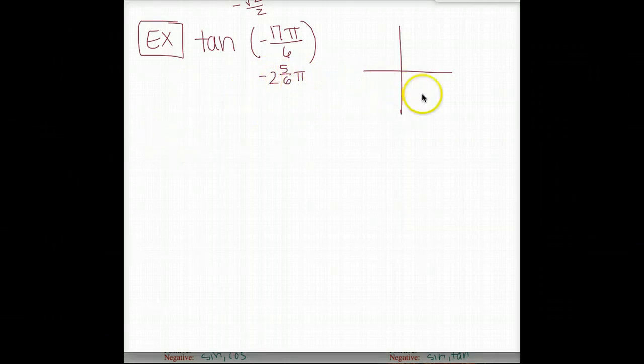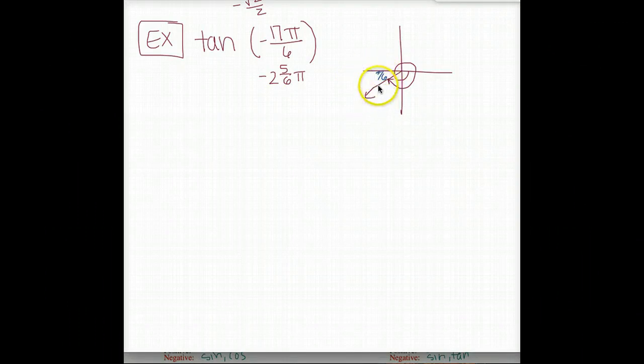So if I'm graphing it, negative 2 pi is a full rotation. That takes me here. 5/6 is almost an entire additional pi. So it lands right here. And again, use your head here. The denominator is 6. That means that my reference angle, what's left, has to have a denominator of 6 also.